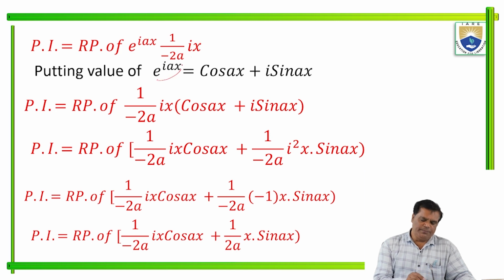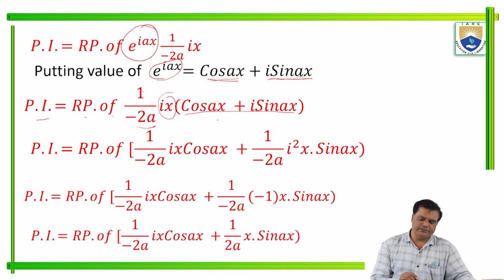Putting in the value of e to the power iax, as we have already written, e to the power iax equals cos ax plus i sin ax. This is a complex number with a real part and an imaginary part. So the particular integral is the real part of 1 upon minus 2a into ix, times cos ax plus i sin ax.